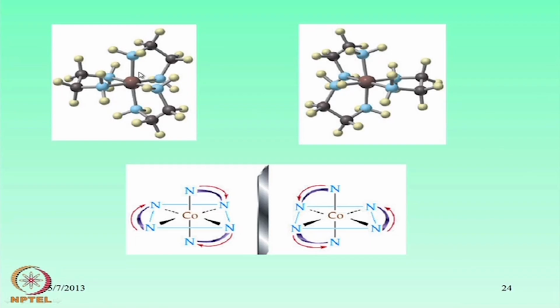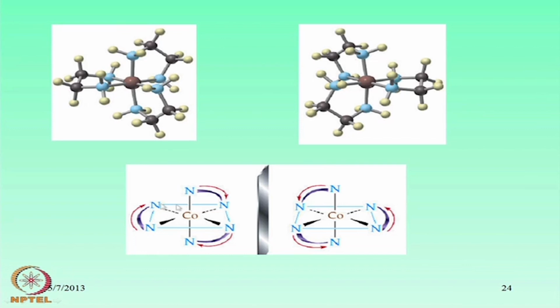Once this three-dimensional arrangement is in our hand, we write it in this particular form: we write the cobalt, and the square plane, then the atom which is above the square plane and the atom below the square plane, and then we complete the connectivity through the ethylene backbone.